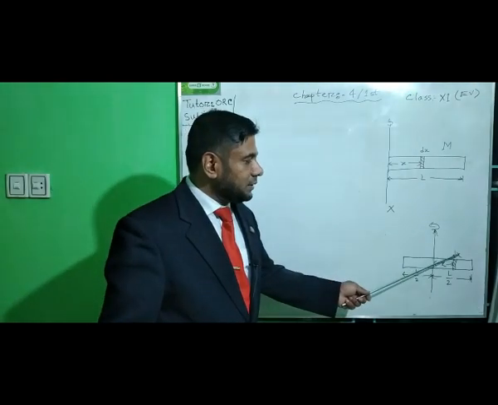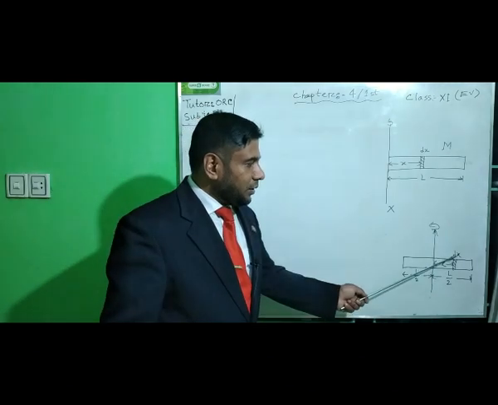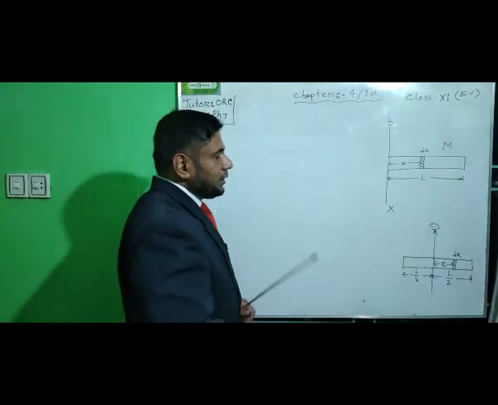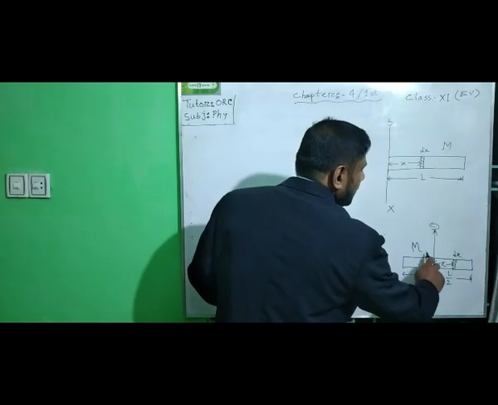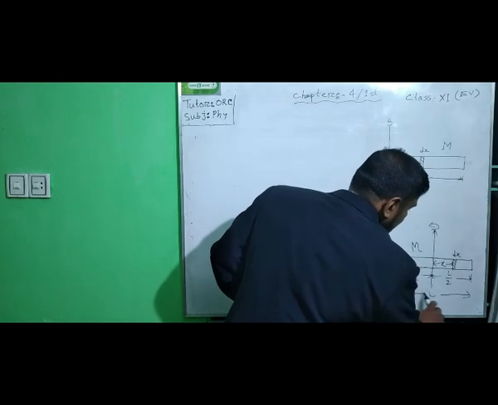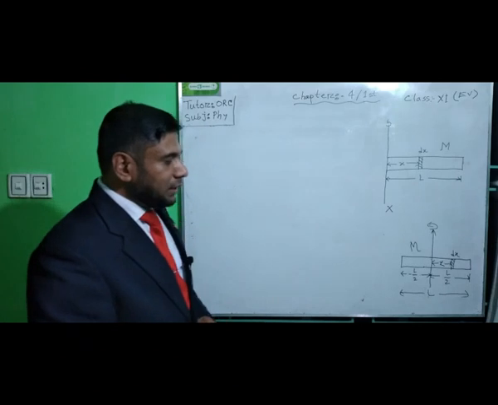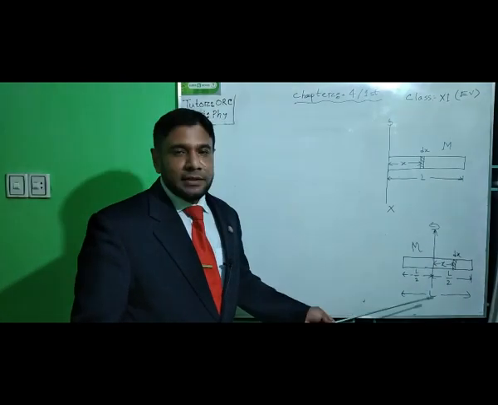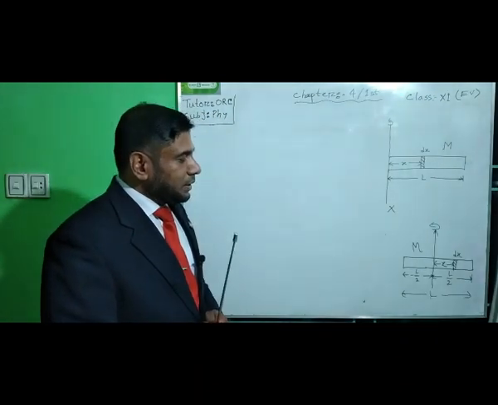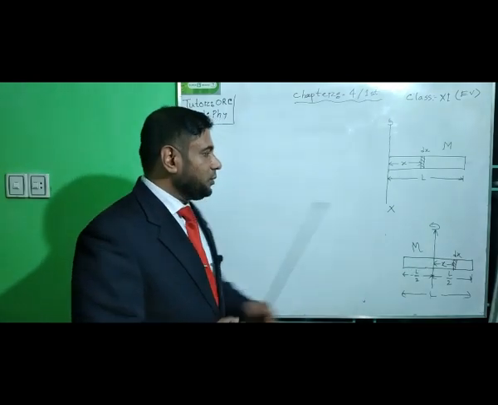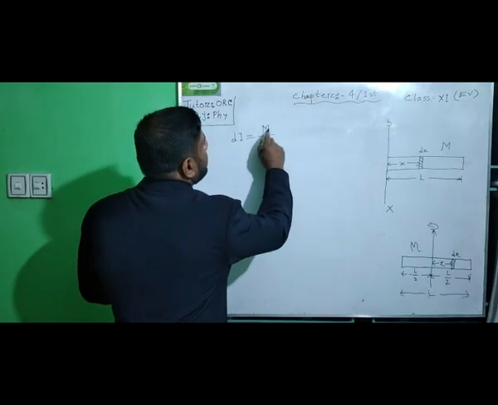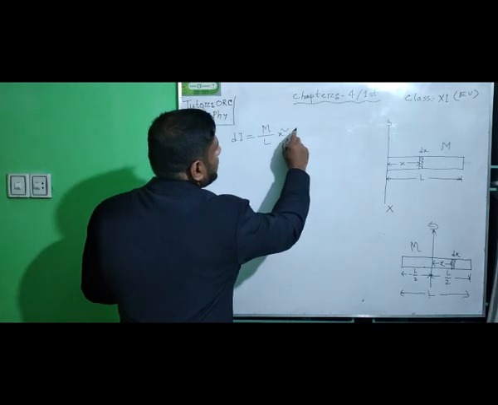Suppose the length is dx, and from the axis the distance of the particles of dx length is x, and the total mass of the rod is the same m, and the total length of the rod is L. So from the previous equation, the moment of inertia for the smallest length dx will be dI equal to m divided by L x square into dx.